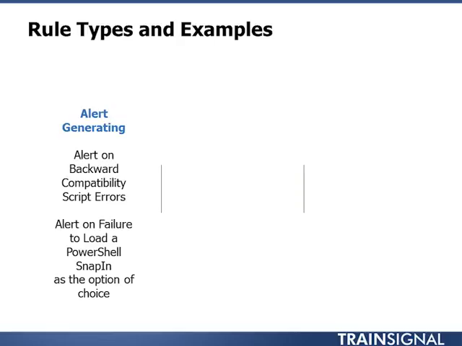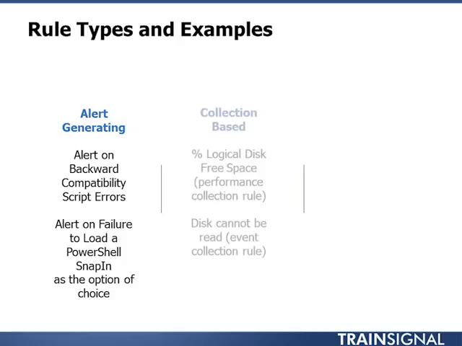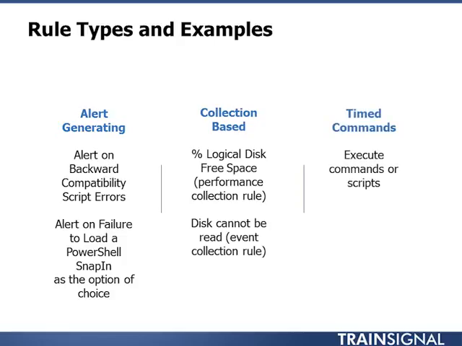For example, load in a PowerShell snap-in, and if it doesn't, raise an alert in the console. A collection-based rule, the percentage of logical free disk space, performance collection rule. Or can the disk be read, an event collection rule. Or timed commands. Execute commands or scripts with a rule.